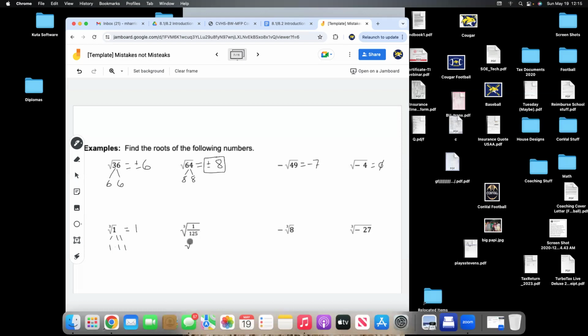What this is saying is we have the cube root of 1 over the cube root of 125. And the cube root of 125 is 5 times 5 times 5. So the cube root of 1/125 is 1/5.